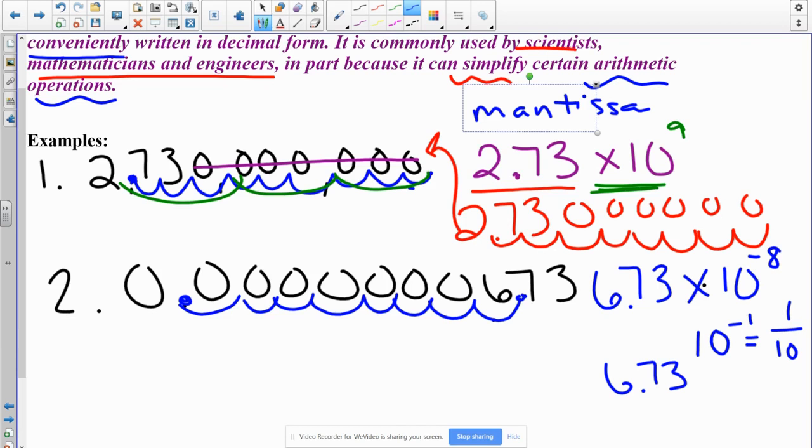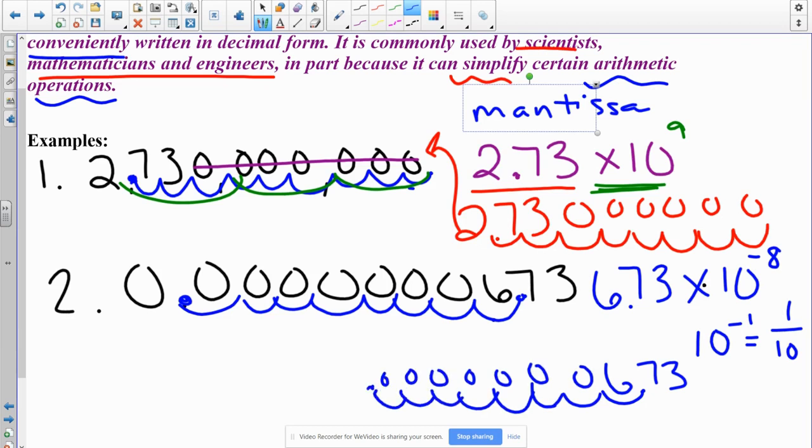And we learned that if we move it to the left, we're actually dividing in a pattern. So this would be dividing by 10 or multiplying by a tenth. So that's why we would be moving to the left by multiplying by a tenth. So 1, 2, 3, 4, 5, 6, 7, 8.